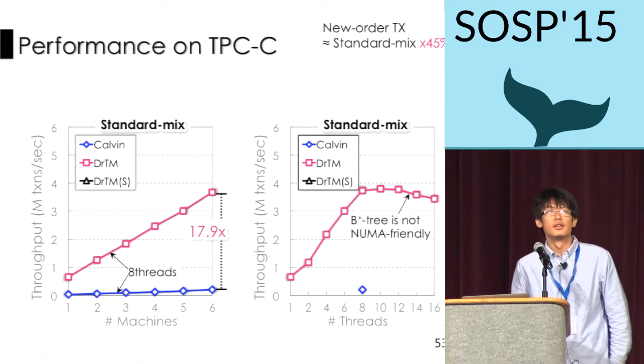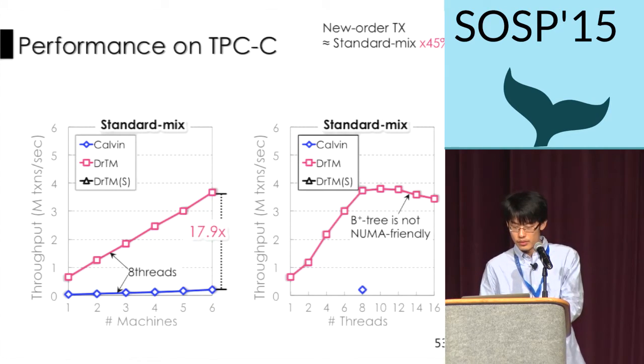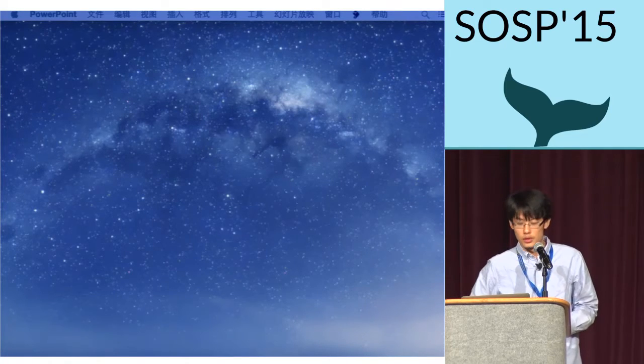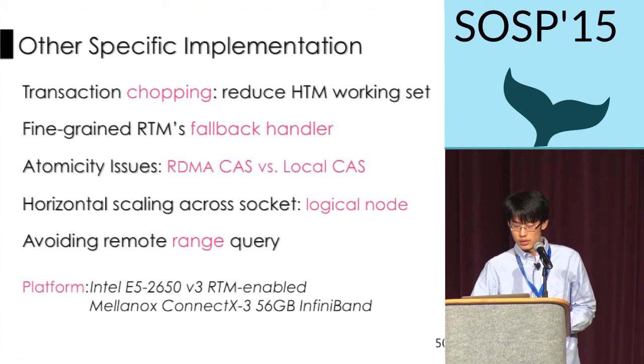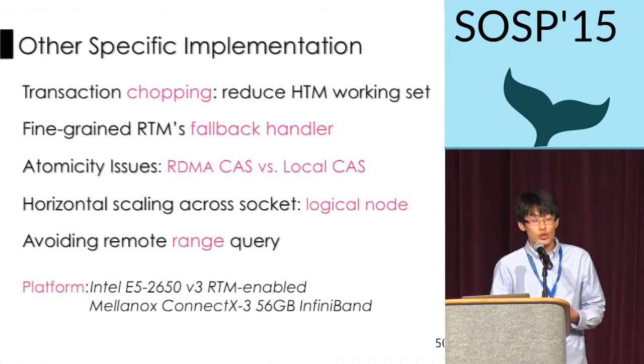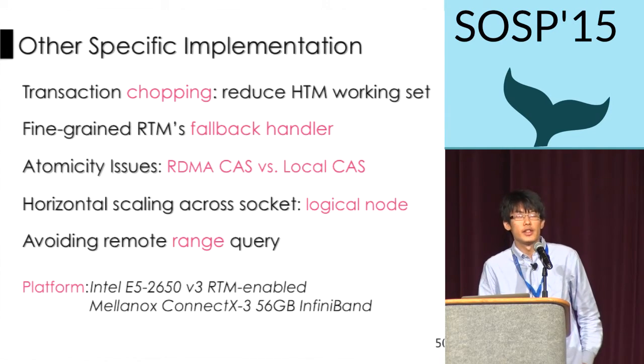Dushyanth Narayanan, Microsoft Research. When you do your lease checks, you have this delta. How do you calculate delta? I mean, you have to make sure that's bigger than the time difference between any 2 machines. So you mean how we set the lease interval for delta? Yeah.